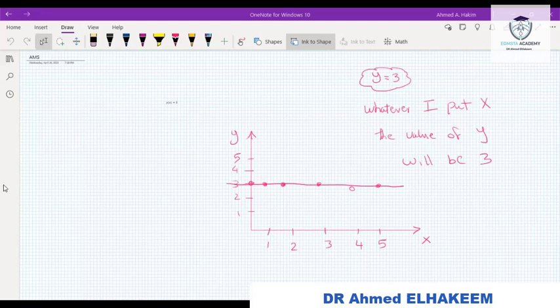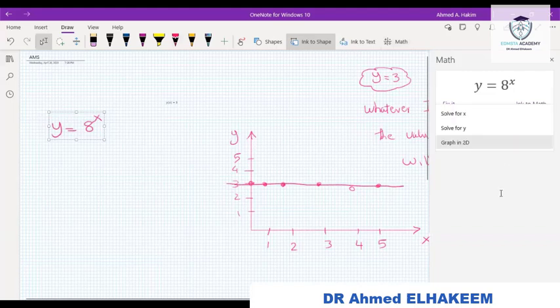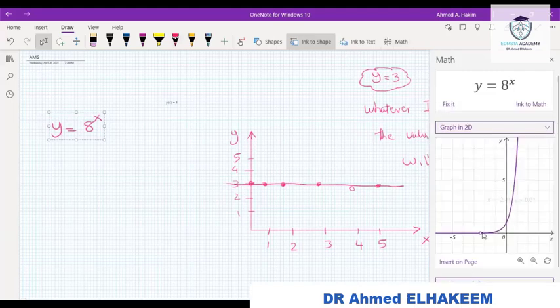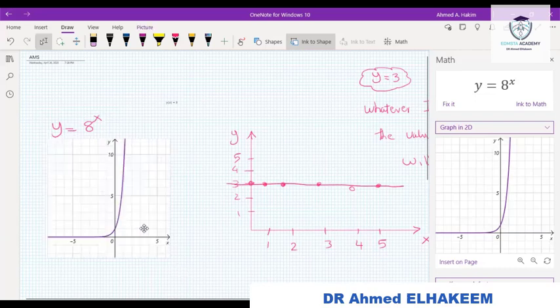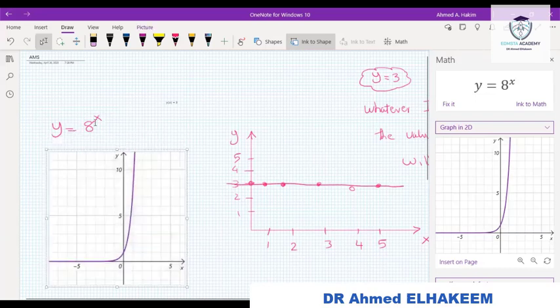The question was, y equals 8 power x, right? Let us see how we can draw this. So this is a drawing of y equals 8 power x.